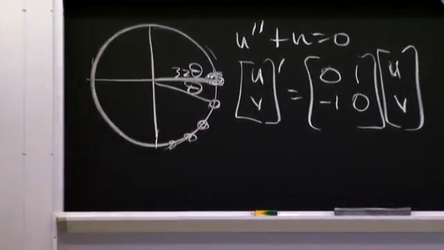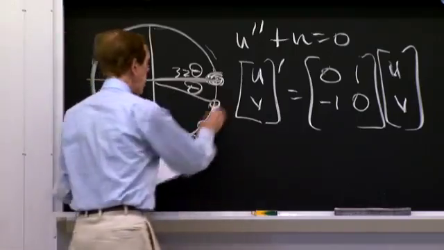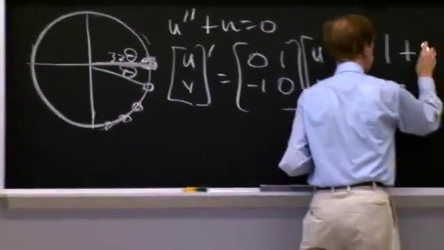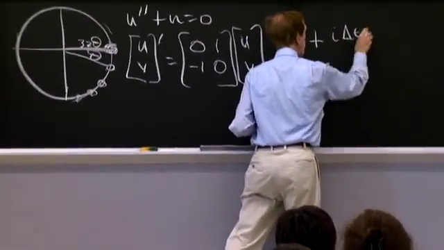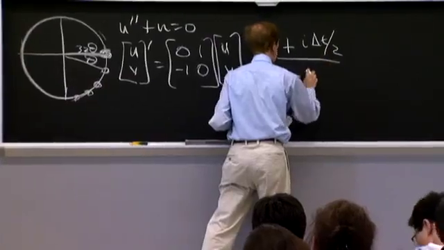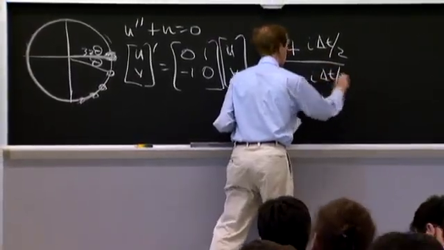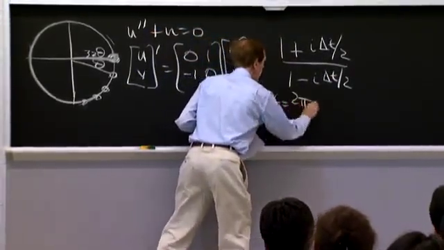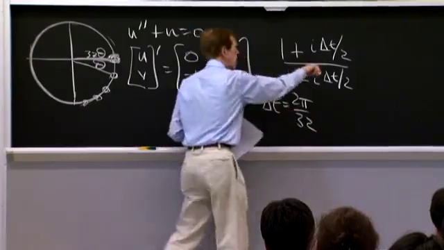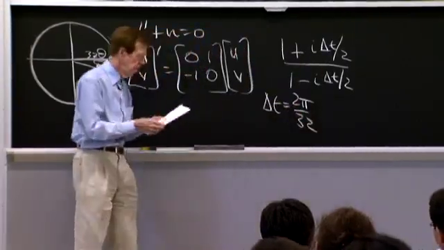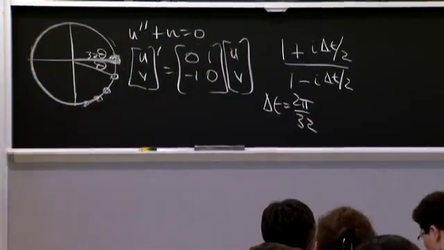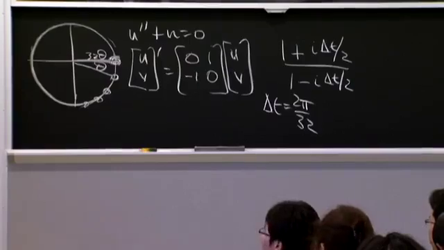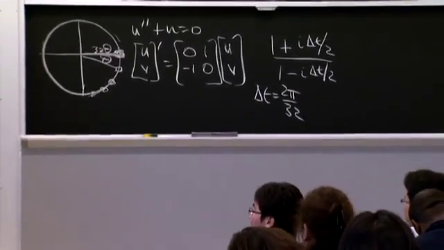I think the formula turned out to be that each step multiplied by this 1 plus i delta t, or h, over 2 divided by 1 minus i delta t over 2. And when you plug in delta t to be 2 pi over 32, that's the tangent of theta or something? Sorry, I've forgotten the way the problem was put. Oh, it's e to the i theta, yeah.